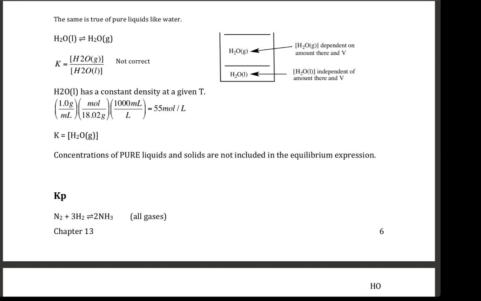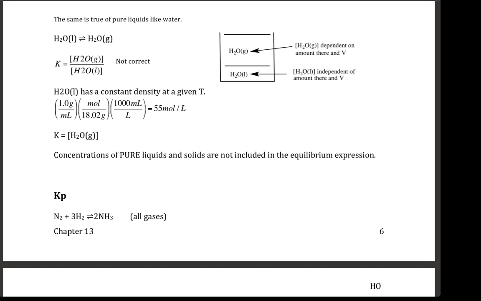But that's not correct, because while the H2O gas concentration in the flask varies depending on how many moles of gas we have and the volume of the flask, the concentration of the H2O that's a liquid is not going to change.